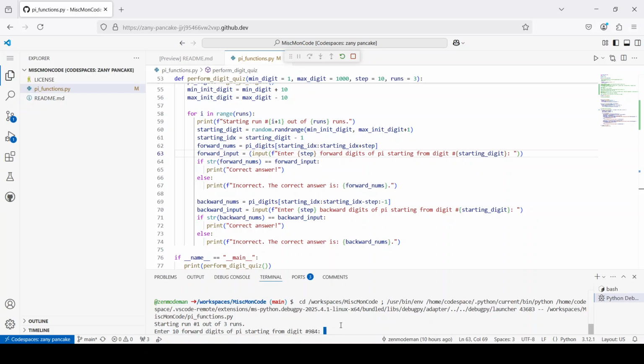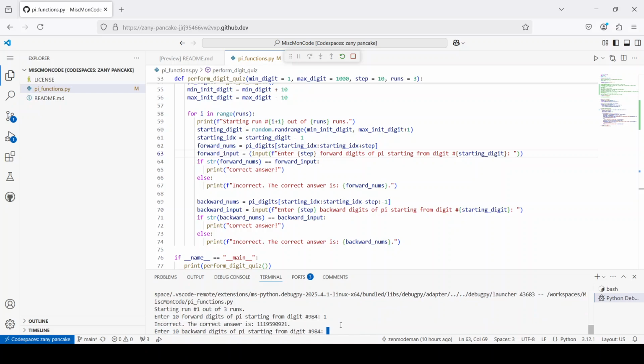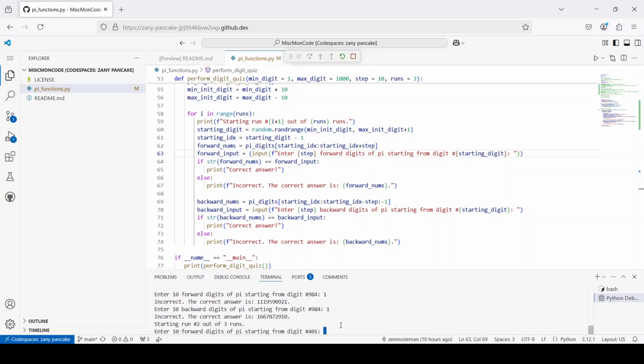So in this case, we've got, let's see, 3, 2, 3, 2. No, this is also, so let's just do that. Let's try again. 401. Yeah, this one should be good. So let's see, we got 1, 3, 7.